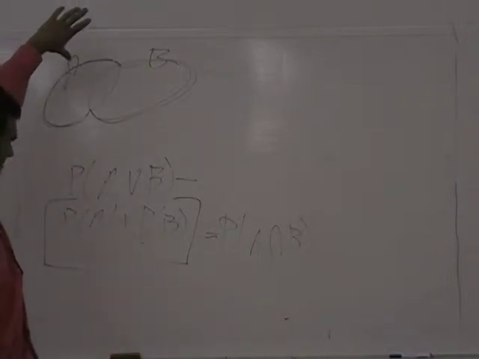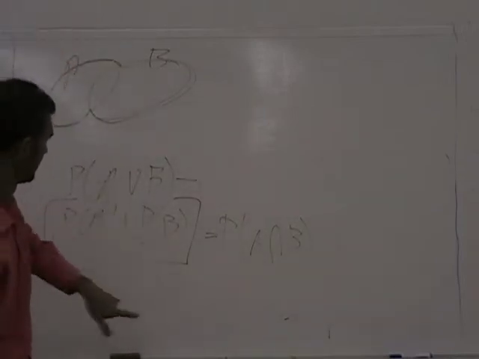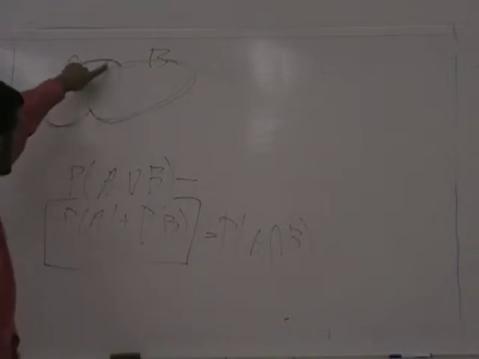Let's see, is that right? I just flipped it. We have the probability of the intersection.